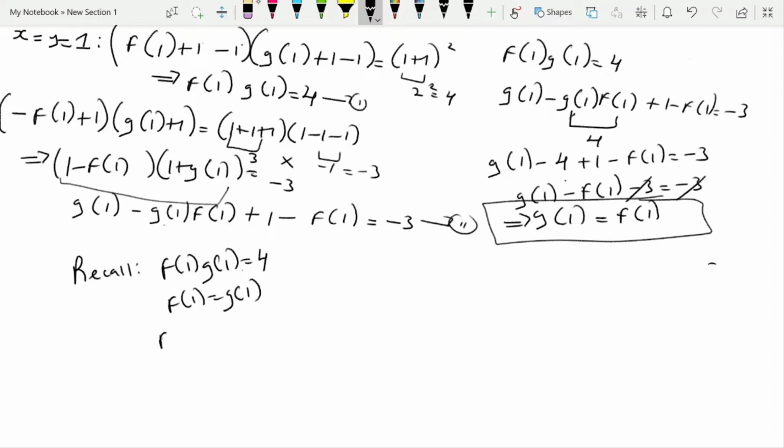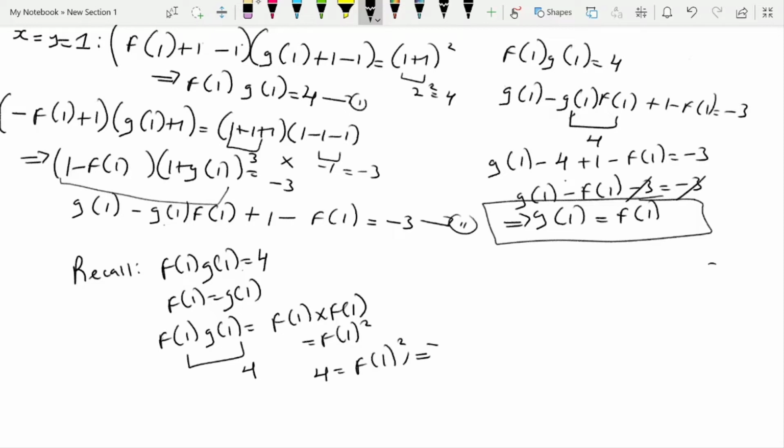So this means that f(1) g(1) is equal to f(1) times f(1), which is f(1) squared, but this is equal to 4. So 4 equals f(1) squared, and when I take square roots, f(1) has to be equal to root of 4, which is 2. Why not minus 2?